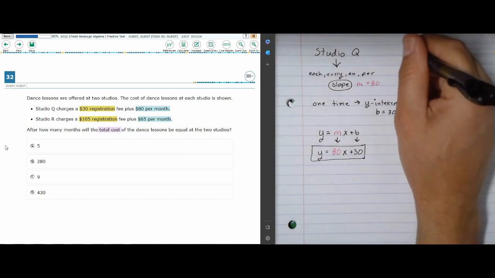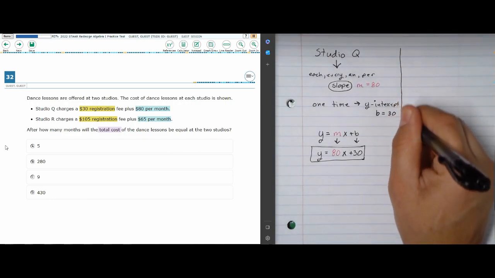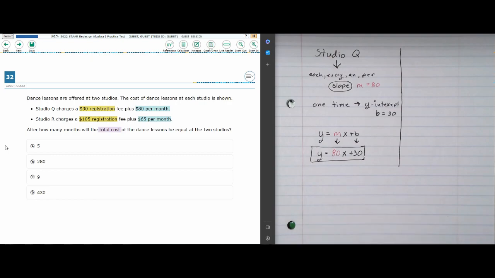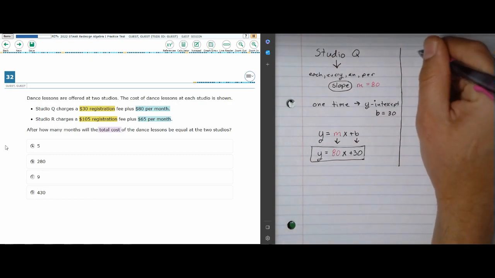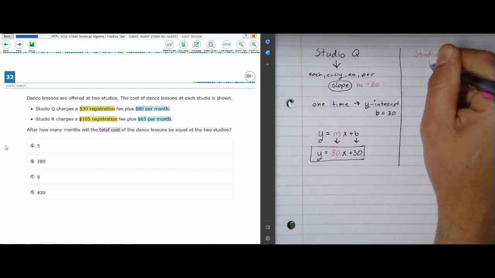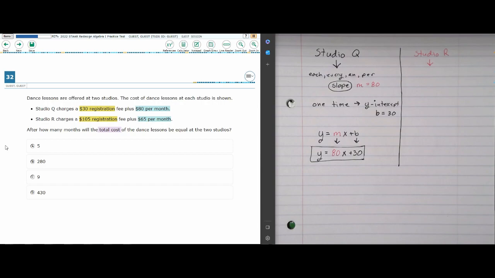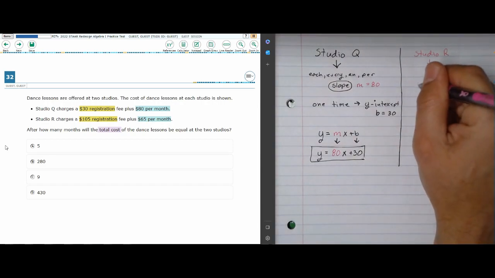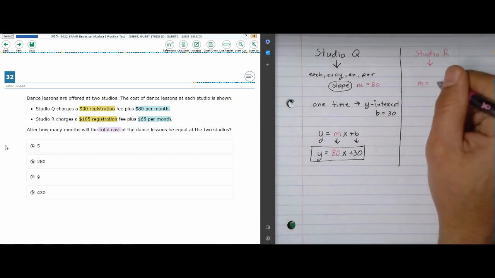Now, we still have another one that we've got to deal with, right? That was just the first one. So now we have Studio R. So I'm going to write that down, Studio R. It says that we have a $65 per month fee. So I know that my m for that one is going to be $65 per month.